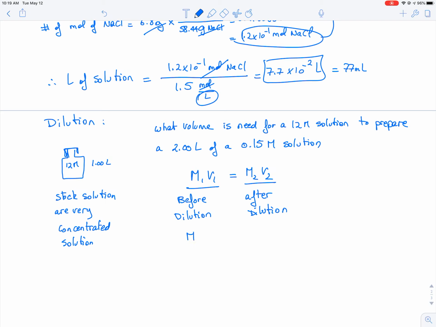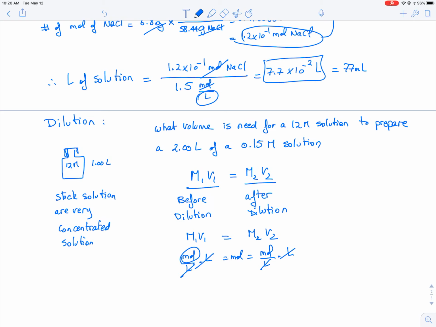When you do M1 V1 equals M2 V2, you're really taking the molarity of the first solution, which in this case is our stock solution. So molarity is moles over liters times a volume, and volume is in liters. When you look at that, that's number of moles. So that's going to be equal to a certain number of moles. If I look on the other side, molarity again is moles over liters times V2, which is volume in liters. You're left with moles.